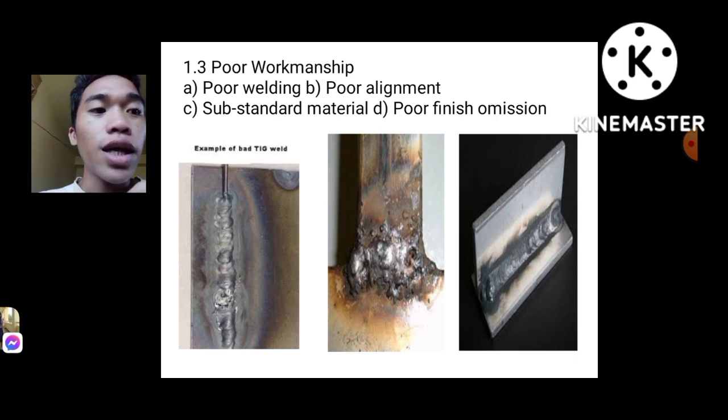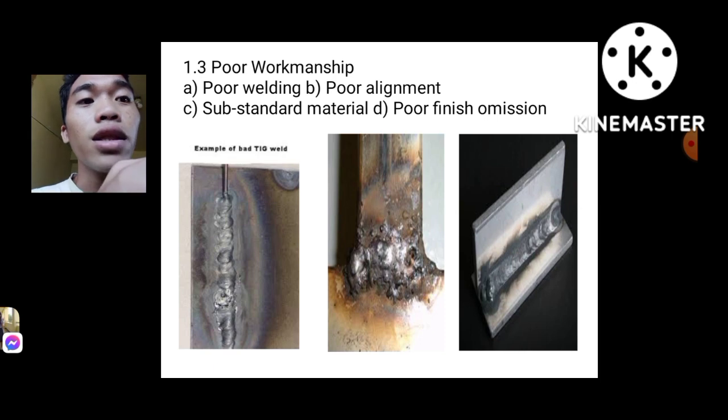The second is the alignment. In the third picture, the alignment is not good. And the third is the substandard material, like the structural steel. It is substandard. Kung imong i-welding mabuslot, dili pwede sa uban na i-weldingon, moinit ra.